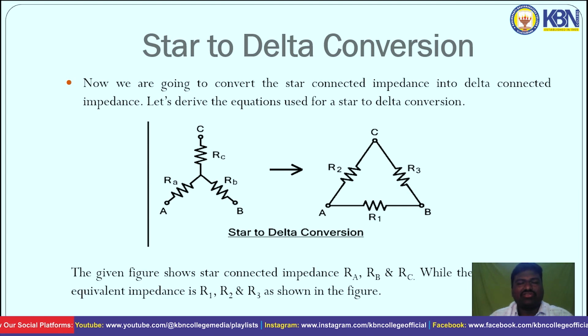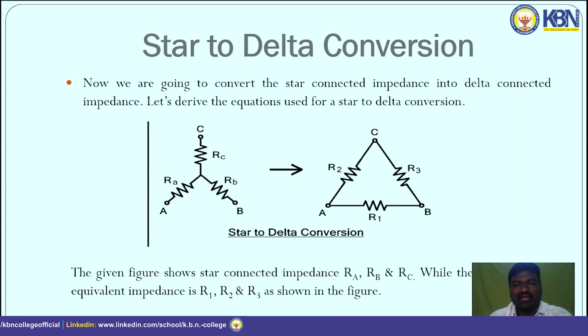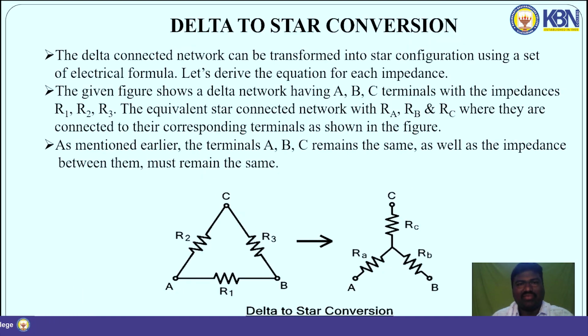The given figure shows star connected impedances RA, RB, RC, while the equivalent impedances R1, R2, R3 are shown in the figure. Here RA, RB, RC represent the star network and R1, R2, R3 represent the delta network. After completion of the mathematical equations, we get the output of star to delta conversion.